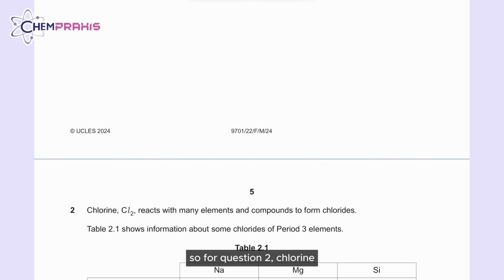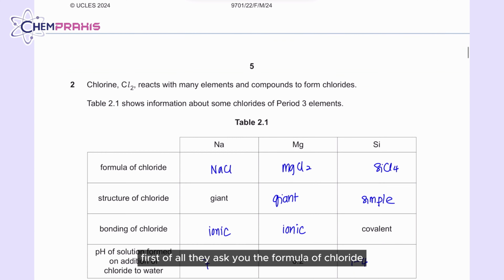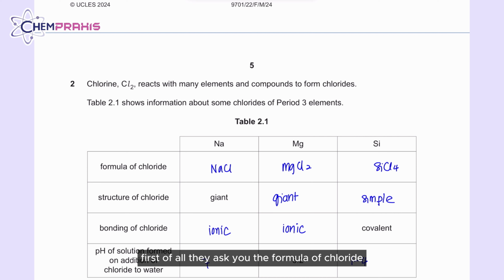For question 2, chlorine reacts with many elements and compounds to form chlorides. Table 2.1 shows information about some chlorides of period 3 elements. First of all, they ask you the formula of the chloride. For the formula of chloride, Na is NaCl, Mg is MgCl2, Si is SiCl4.